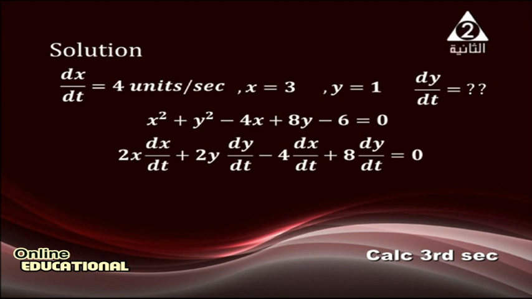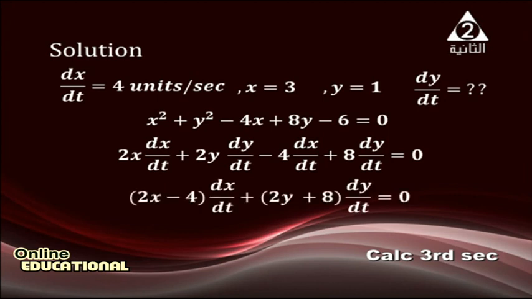Then we can take dx/dt as a common factor. Then between two brackets, (2x - 4) multiplied by dx/dt plus (2y + 8) multiplied by dy/dt equals 0. We know that dx/dt equals 4 and x equals 3 and y equals 1.